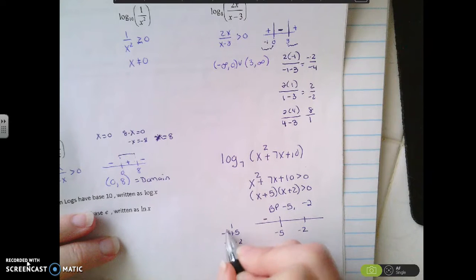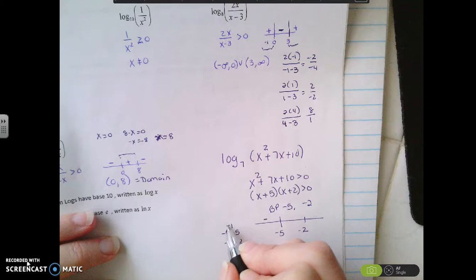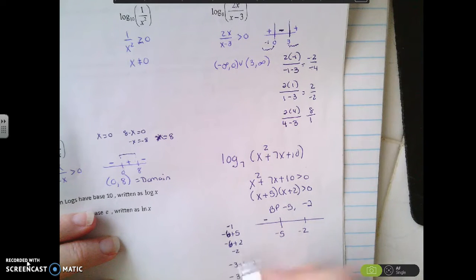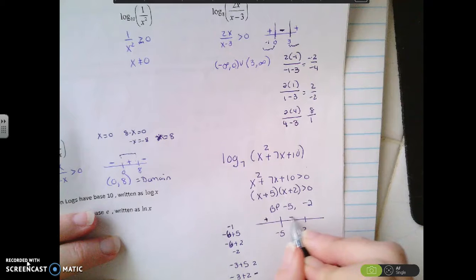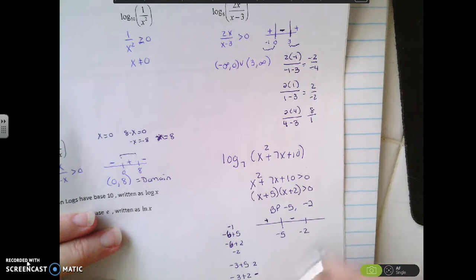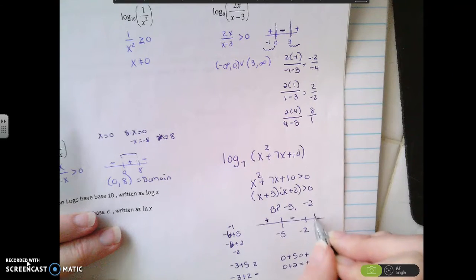How about -6? Okay, so we put -6 in, and we get -1. And we put -6 in here, we get negative, so that's positive. Then we put -3 in again, and we get positive here, and we get negative here, so this is negative. And then we put maybe 0 in, so we get 0 plus 5 is positive, and 0 plus 2 is positive, so that would be positive.